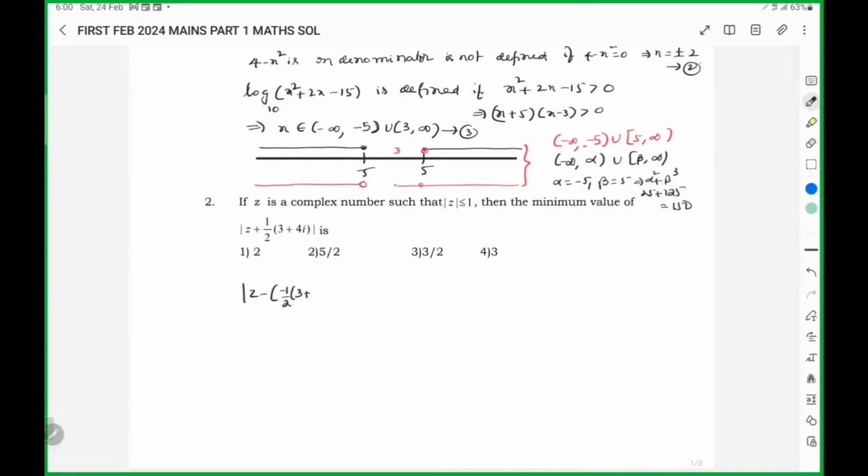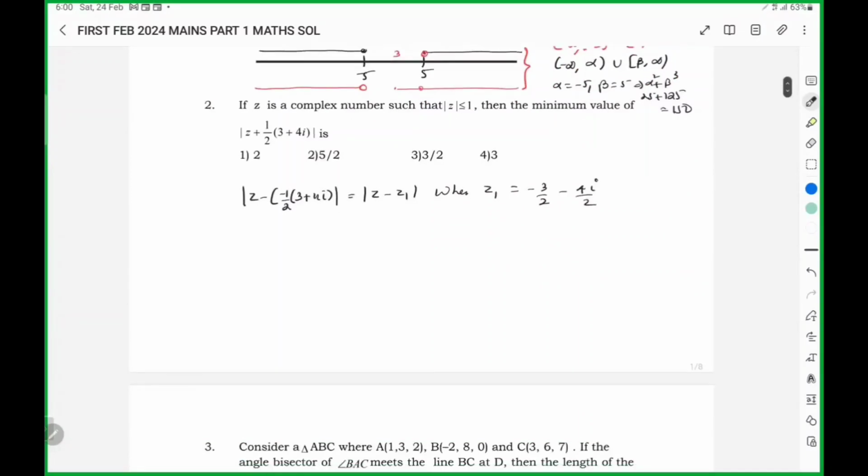Here, whenever he says modulus, it is modulus of z minus (3 plus 4i by 2). So let us take it as z minus z1, where z1 is minus 3 by 2 minus 4i by 2. So where is it located in the complex plane or Argand plane?